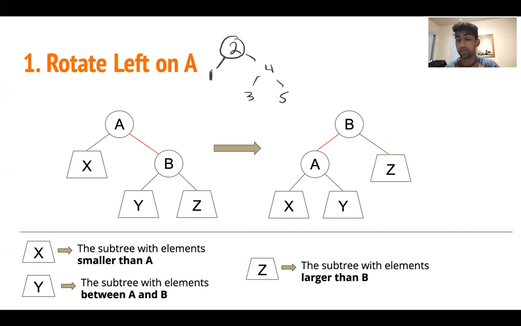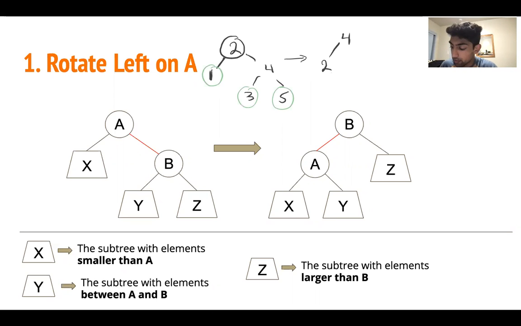It's going to look like so, okay? So we're going to have 2 and 4 like so. Now what we need to do is figure out how to deal with 1, 3, and 5, okay?